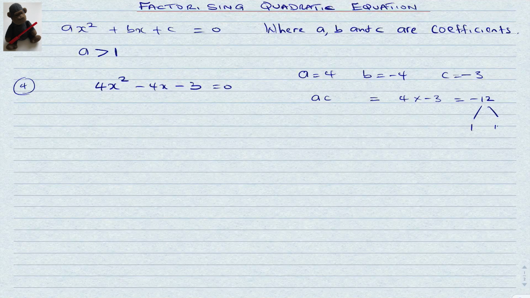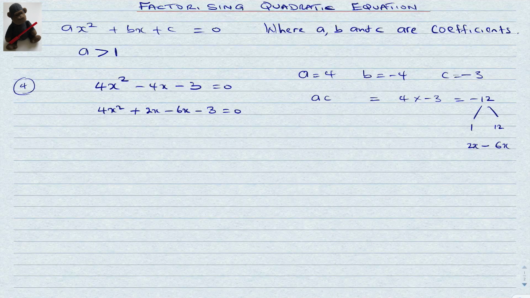If we try 1 and 12, that will not work because 1 plus 12 is 13 and 1 minus 12 is 11. So we need to try 2 and 6. Well, this will work because if I have minus in front of 6, so 2x minus 6x will give us minus 4x. That's what we need. We need to take 2x and minus 6x and replace it with minus 4x. So here we go. 4x squared plus 2x minus 6x minus 3 equal to 0.